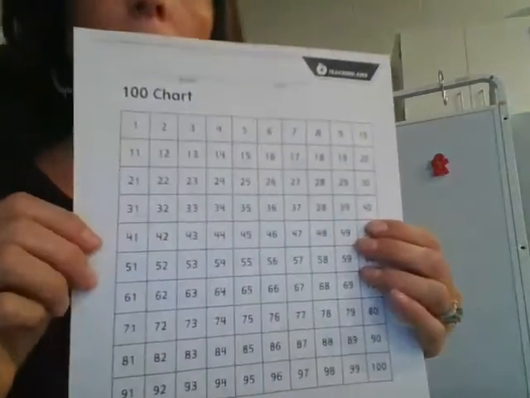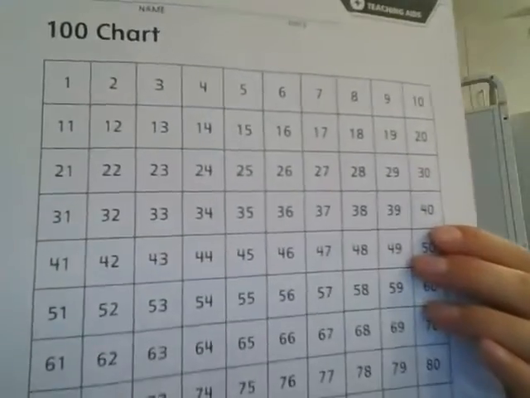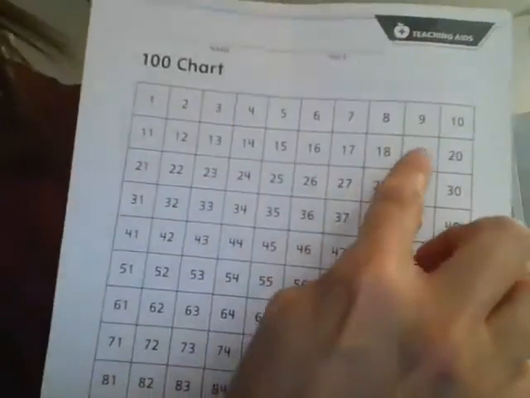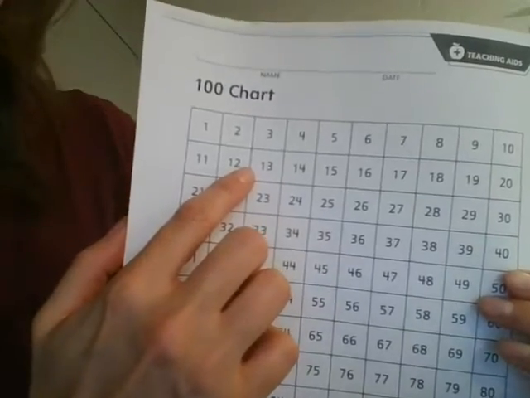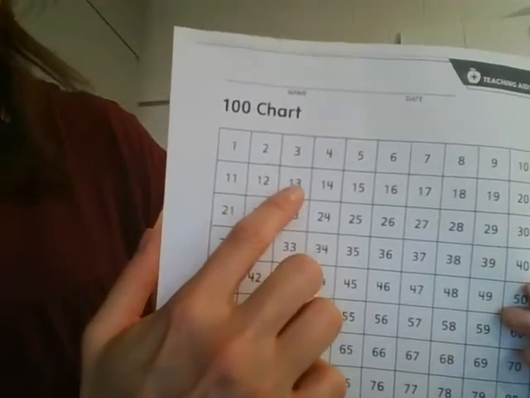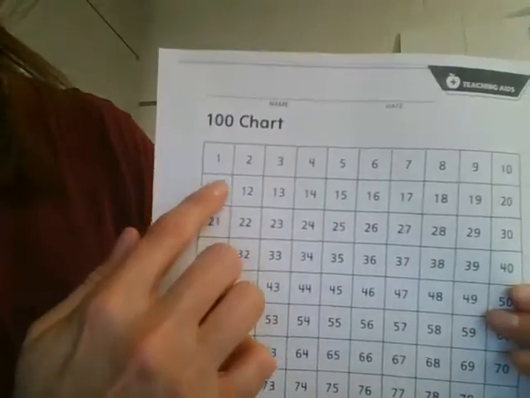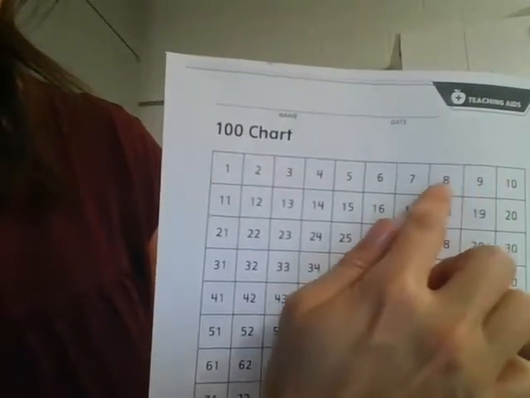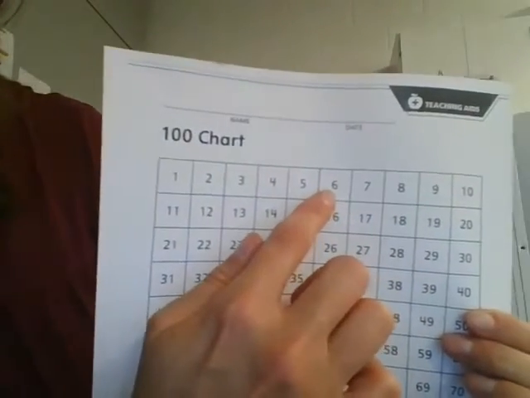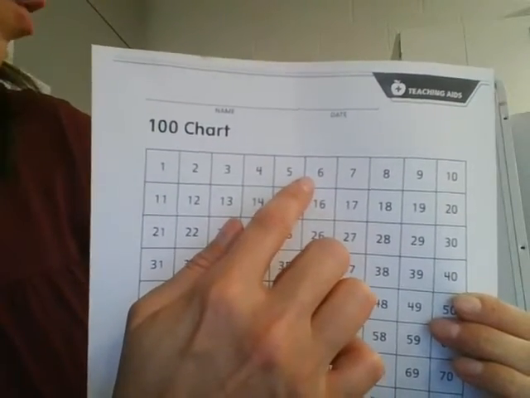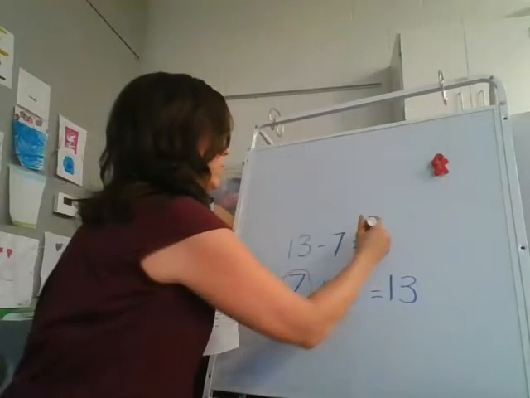If I start at 13, there's the 13 right there. And I'm going to go backwards 7 because I'm subtracting. So 1, 2, 3, 4, 5, 6, 7. I ended up on the 6. So 13 take away 7 equals 6.